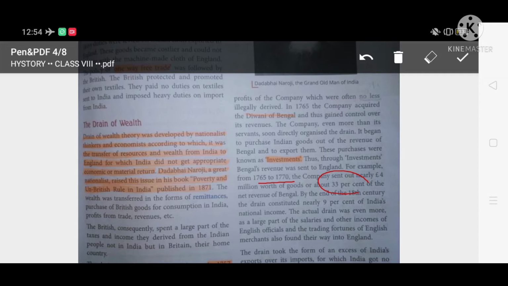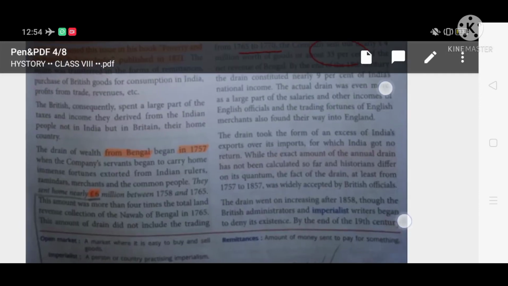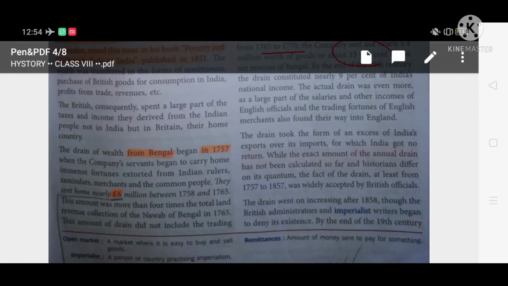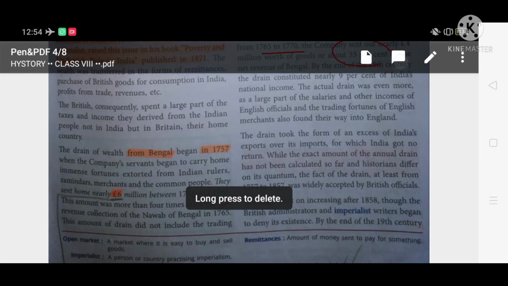The actual drain was even more than that, because they also took money in corrupt ways. The drain took the form of an excess of India's exports over imports. There was an excess of export from India to England, but less import from England to India.